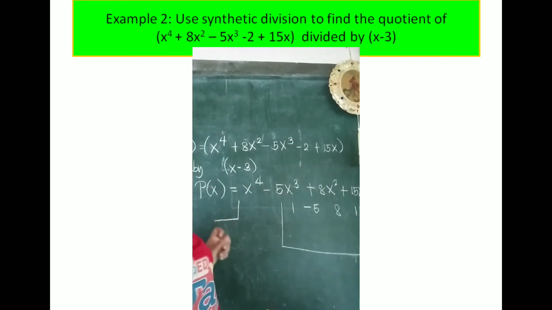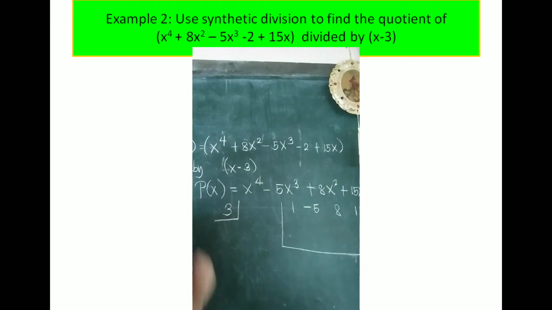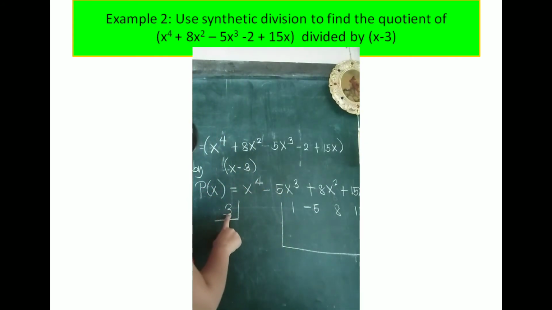Here, your divisor is x minus 3. So what is your r? Your r is positive 3. Equate x minus 3 to 0 and find the value of x. So your x is positive 3.